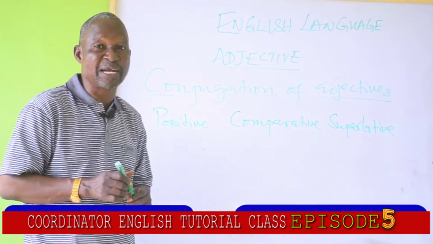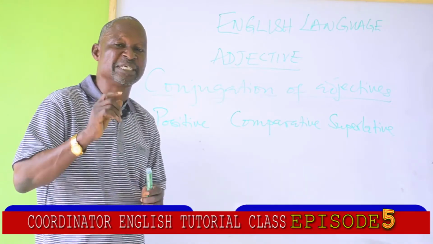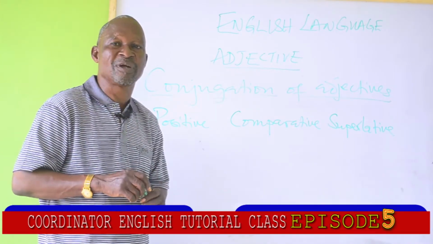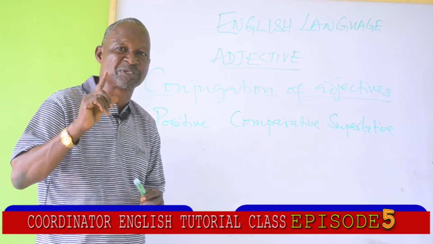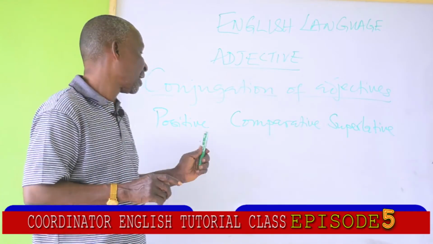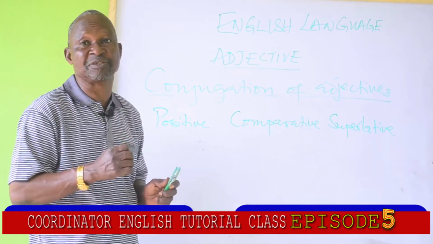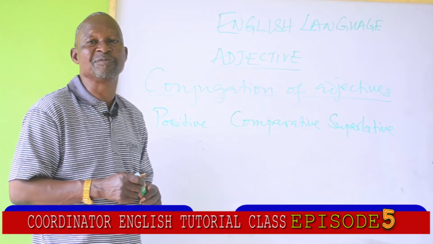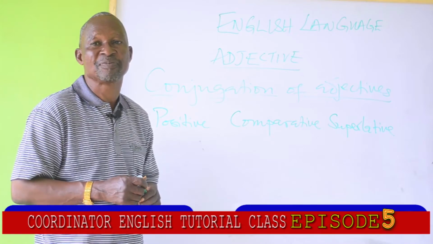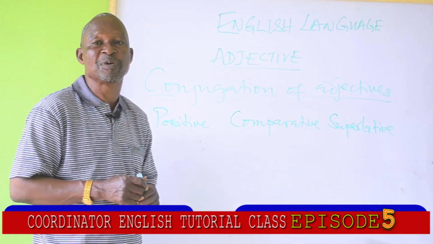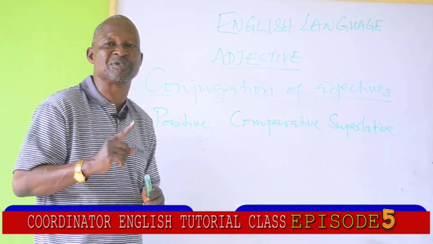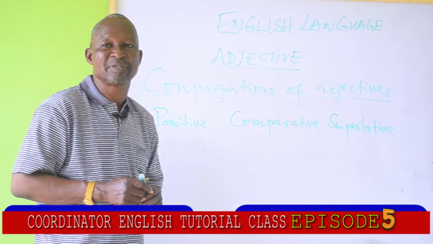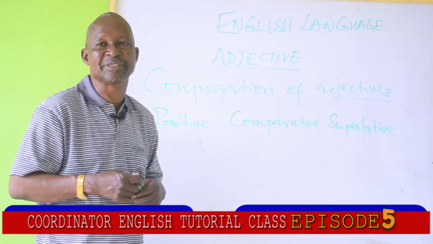When we are referring to a singular object or one person or one thing, and we need qualification, it is the positive group of adjective that we must use. It is the positive group. Just one person or one thing is in our mind.